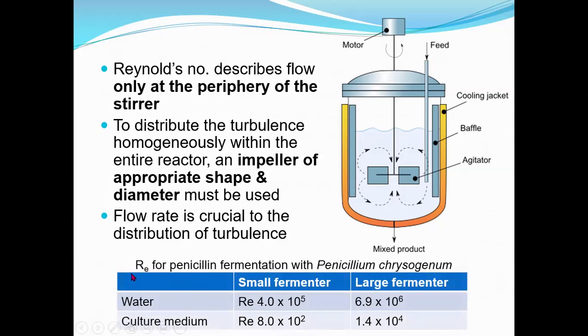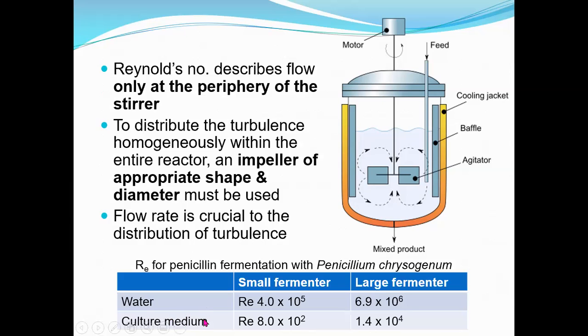For example, here I am showing the Reynolds number of penicillin fermentation with Penicillium chrysogenum in the small and the large fermenter. If you use water in the absence of a culture medium, the water tends to have a higher Reynolds number, which means more turbulence. And when you switch to a larger fermenter, it will have even more turbulence.